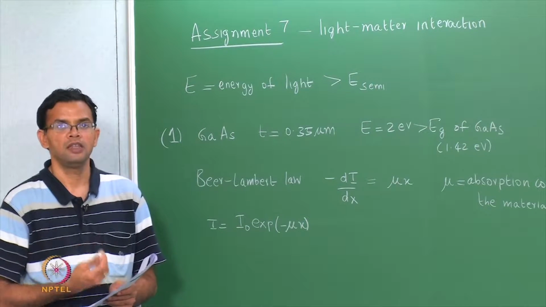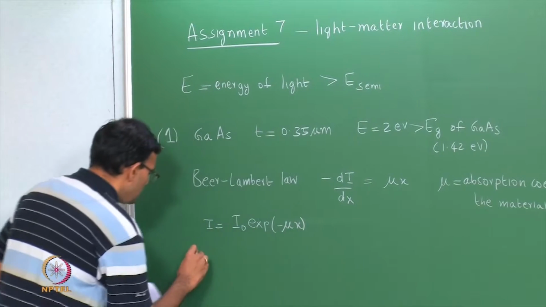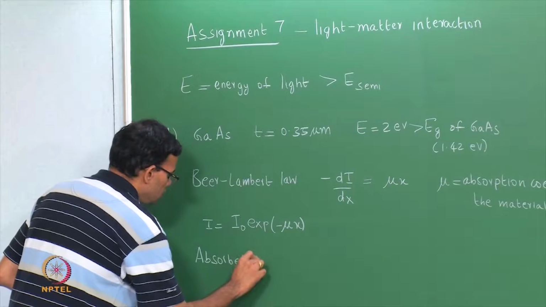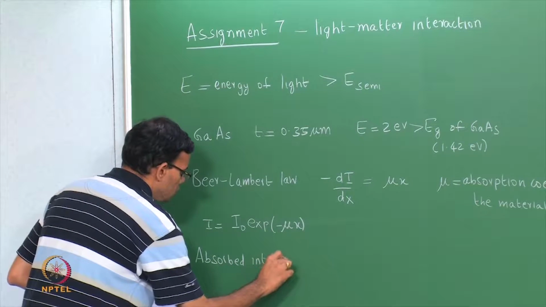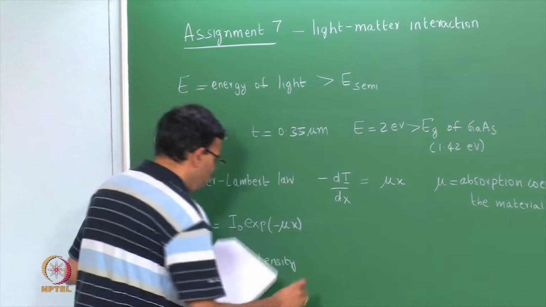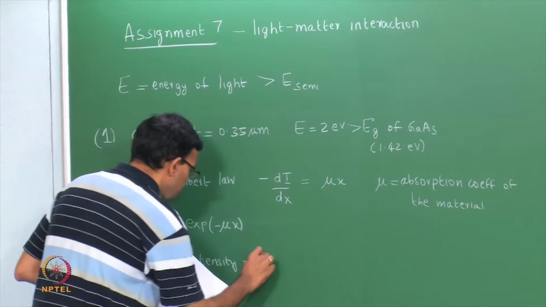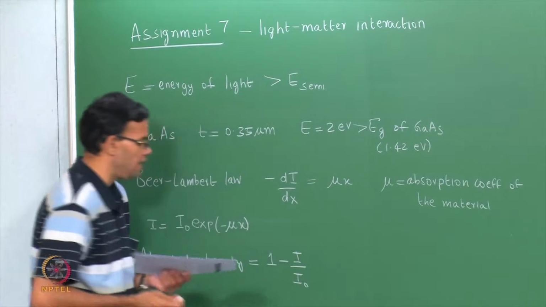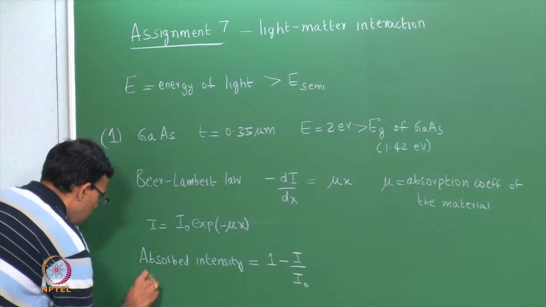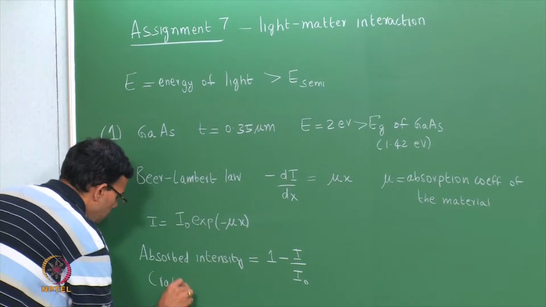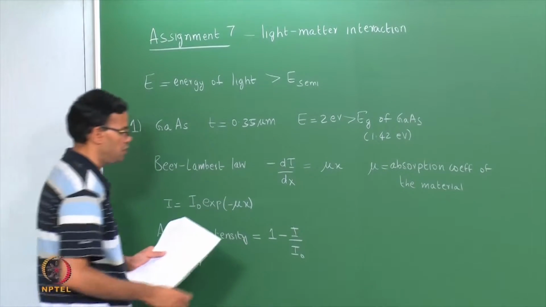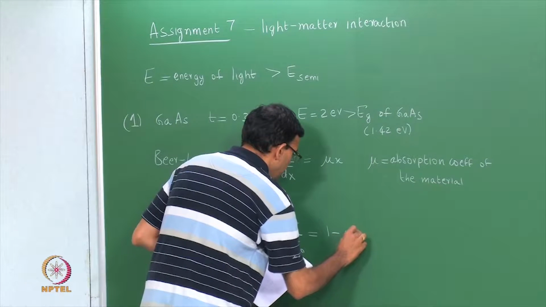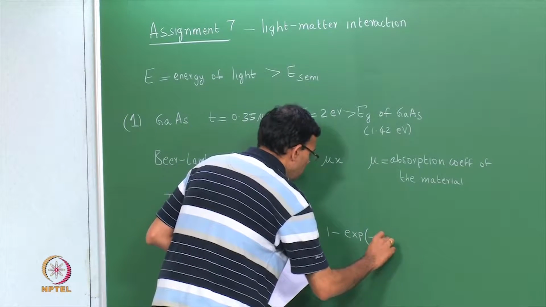If you want to find the absorbed intensity, and if you want to find it as a ratio, it is nothing but 1 minus I over I naught. This is essentially a ratio which we can convert to a percentage, which is 1 minus exponential minus mu t.